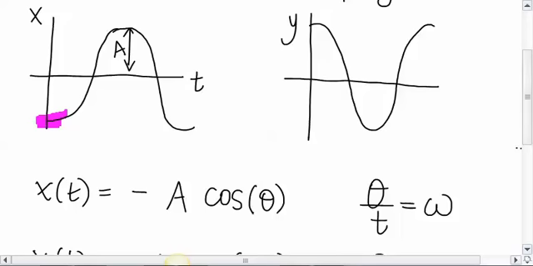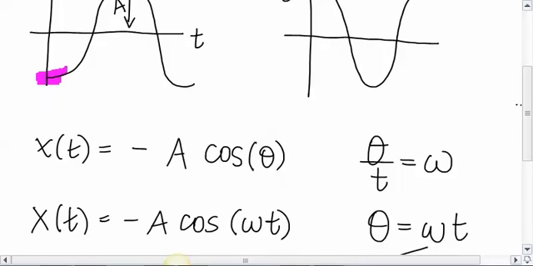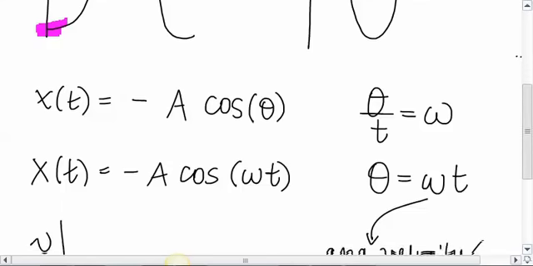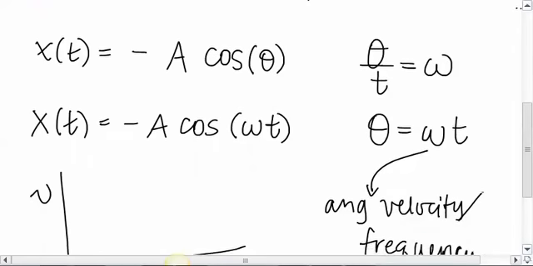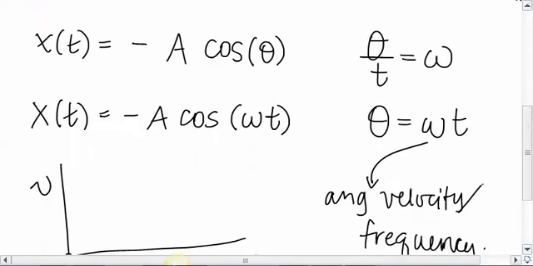And then we made a conversion between the angle and the angular speed or the angular frequency. So from first semester, we studied angular speed and angular frequency. And angular frequency was theta over t. So that gives us that theta, the angle, because usually in math you're used to doing like the cosine of 2 pi or the cosine of 4/3 pi.